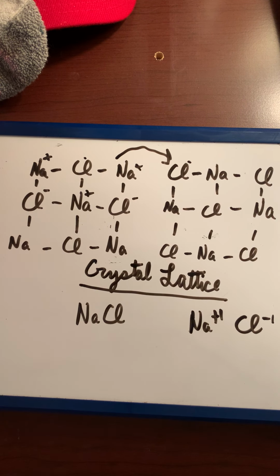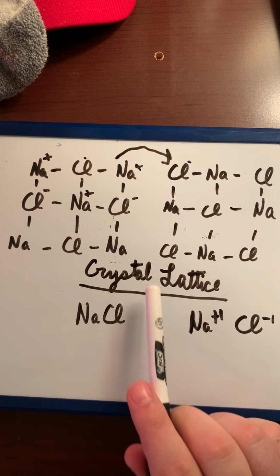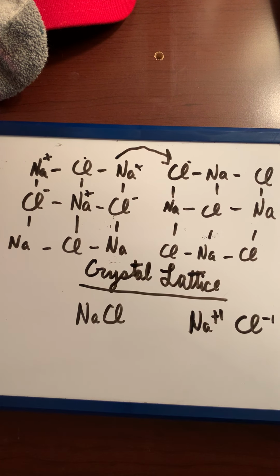So that's why something like sodium chloride, with all these strong attractive forces from being a positive ion and a negative ion, has such strong bonds. And with those strong bonds, they form that solid of sodium chloride, or table salt. That's how we know it. That's why you can see the little squarish crystals. They're in that crystal lattice. So hopefully that makes a little bit of sense to you.